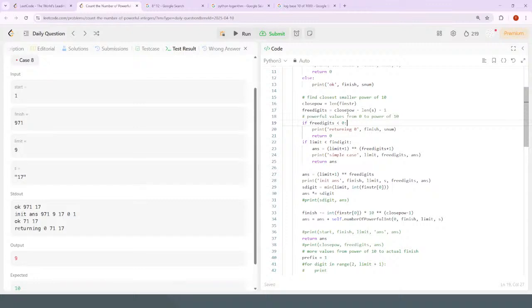So if the number of free digits is less than 0, we should compare the finish with the S number and return that value. So return 1 if finish is bigger than or equal to S num, else return 0.